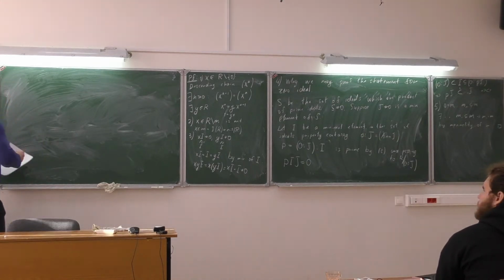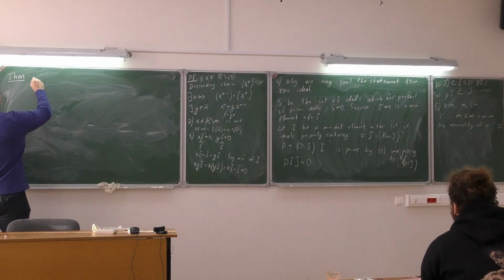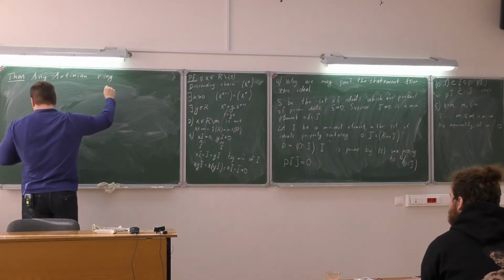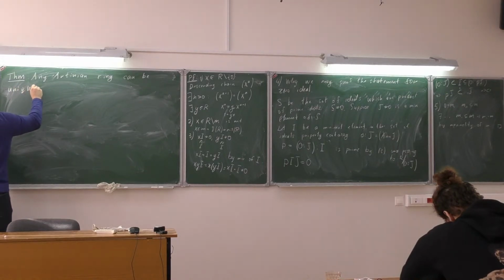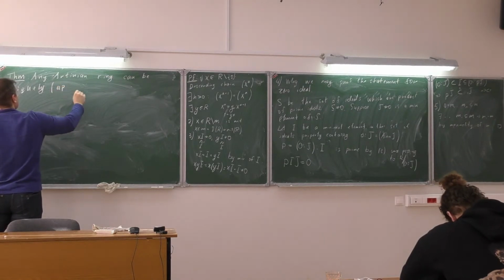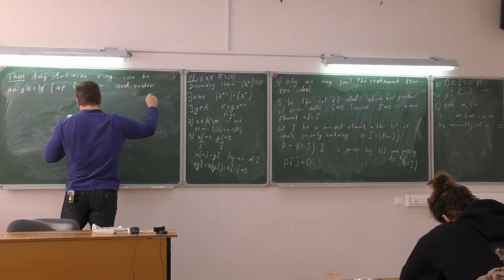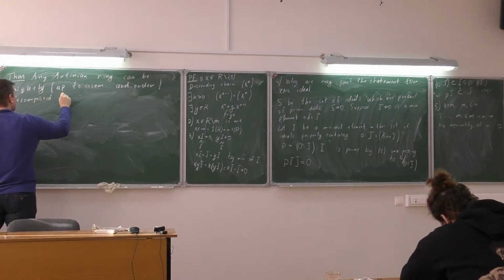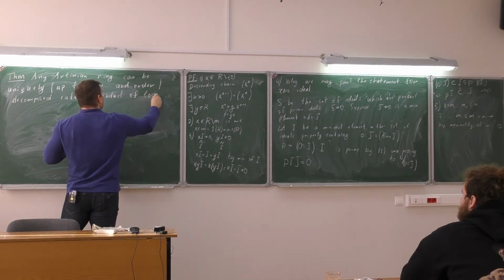Okay, so the next theorem is sometimes called the structure theorem for Artinian rings, and it says that any Artinian ring can be decomposed uniquely, again, as before, up to isomorphisms and order, into a product of local Artinian rings.